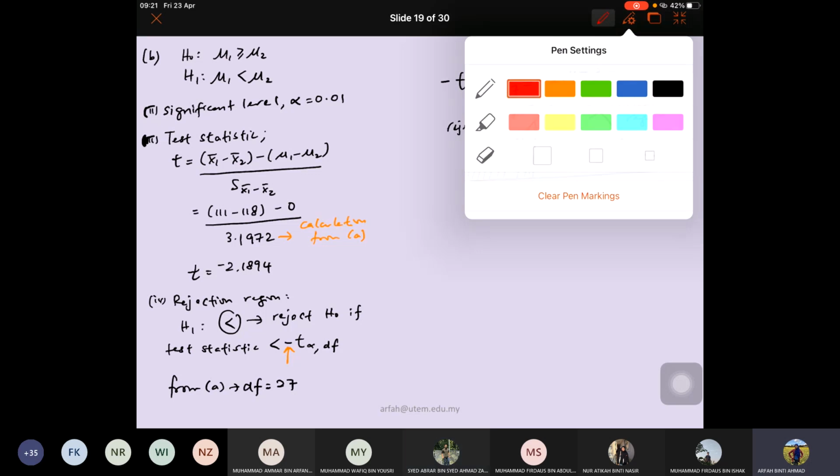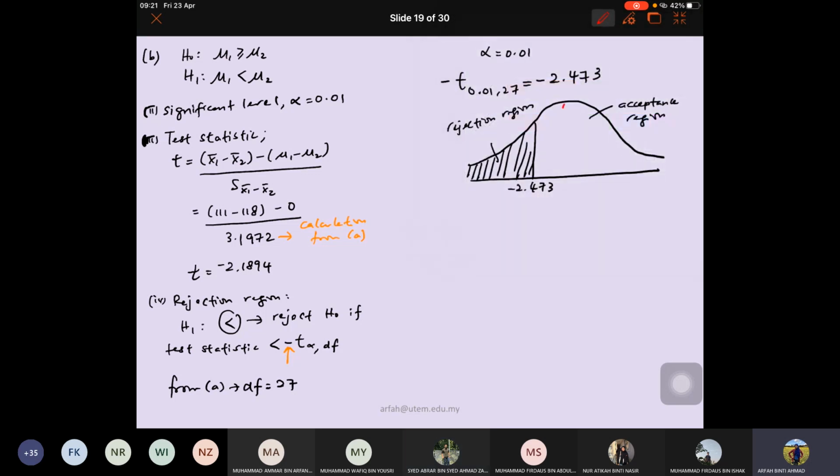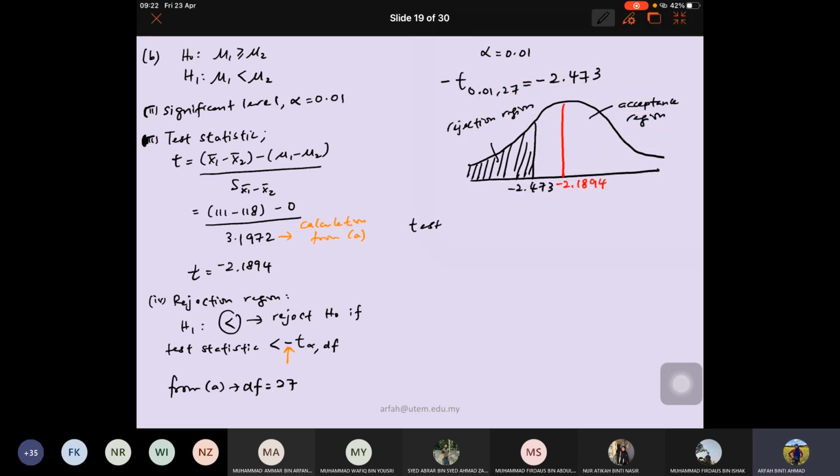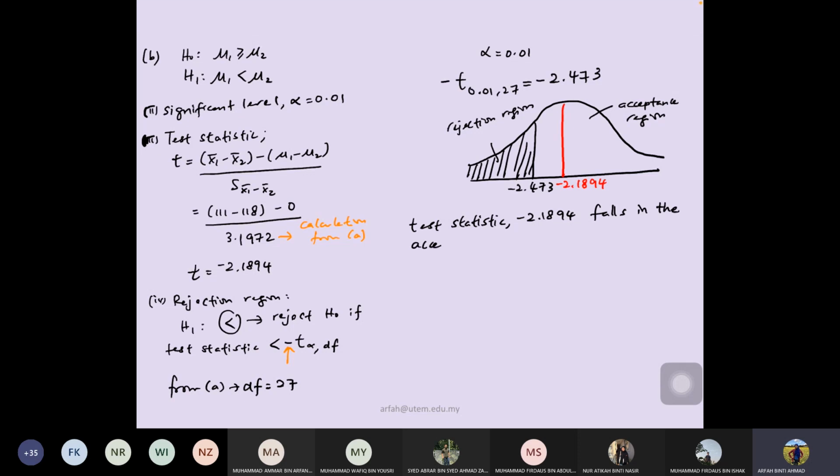Okay, so negatif 2.18 mestilah sebelum 2.4. So katakan dekat sini negatif 2.1894. Okay, so test statistik negatif 2.1894 falls in the acceptance region.